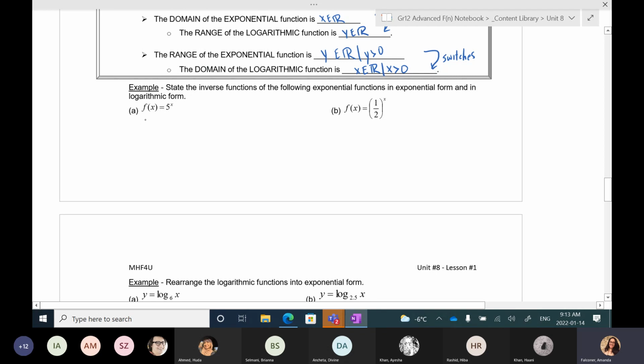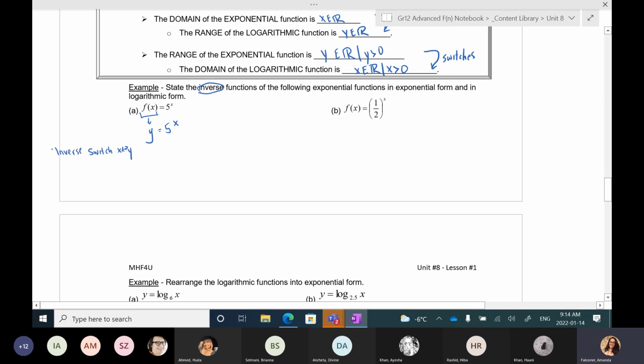So I'm just going to wipe out the function notation to start, where we'll replace that with the y. And in terms of its inverse function, I can just switch the x and y, just like we always did back in Unit 1 and back in grade 11, to get that exponential format of the inverse.